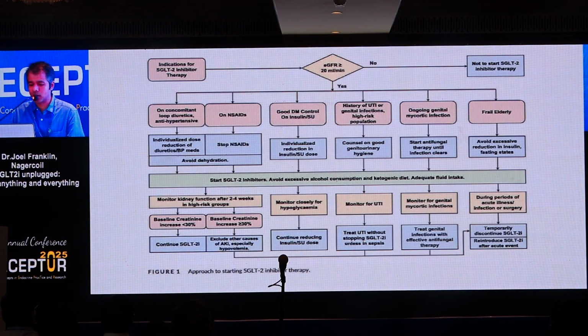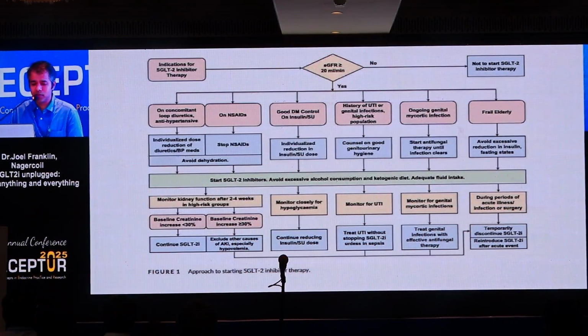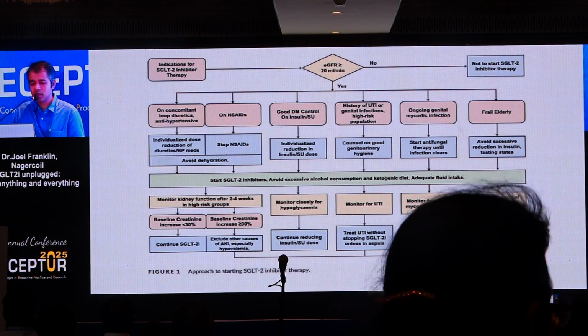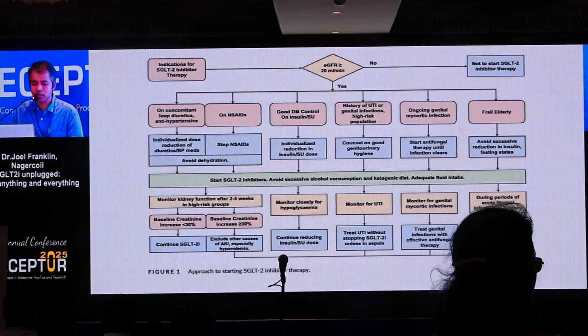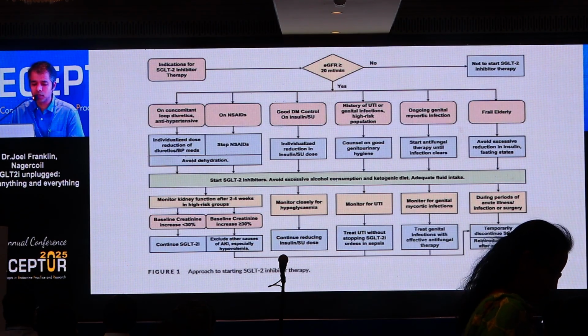Avoid excessive alcohol consumption and ketogenic diet, and ensure adequate fluid intake. Once you have started SGLT2 inhibitors, monitor kidney function after 2 to 4 weeks in high-risk groups, particularly those more than 55 or 60 years. If the baseline creatinine rises less than 30%, fair enough, you continue SGLT2 inhibitor. If it is more than 30%, you exclude other causes of AKI.